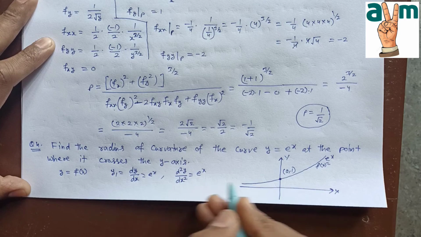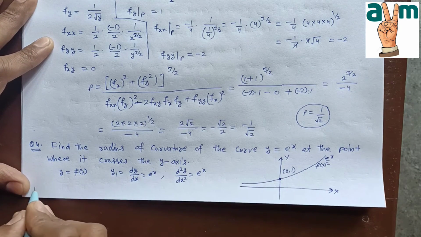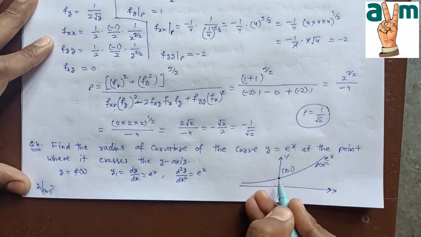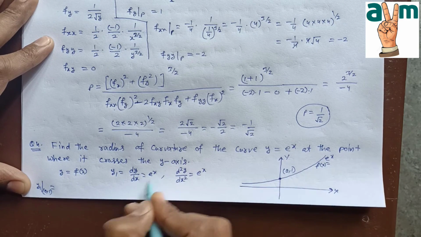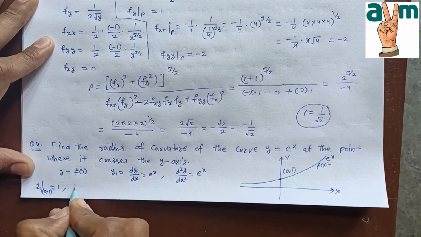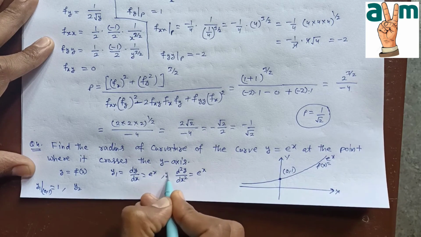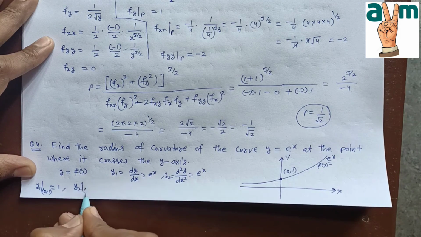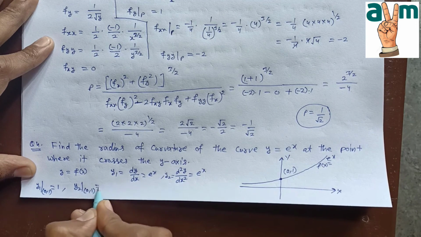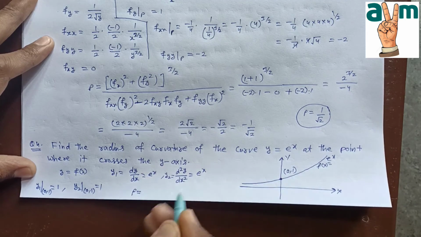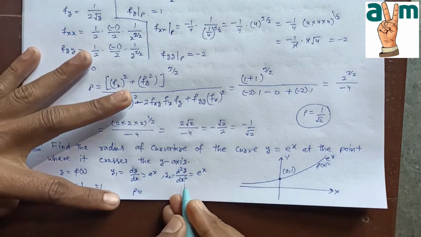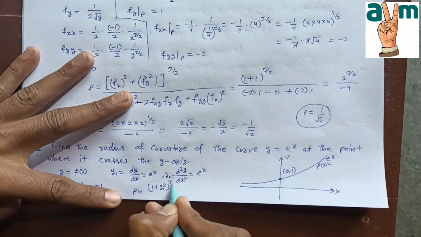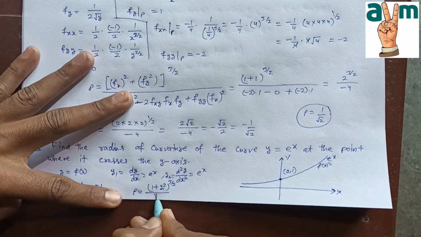At the point (0, 1), the value of y1 is e to the power 0, which is 1, and the value of y2, the second derivative of y at point (0, 1), is also 1. The formula for radius of curvature of this type of function is (1 plus y1 square) whole power 3 by 2 upon y2.